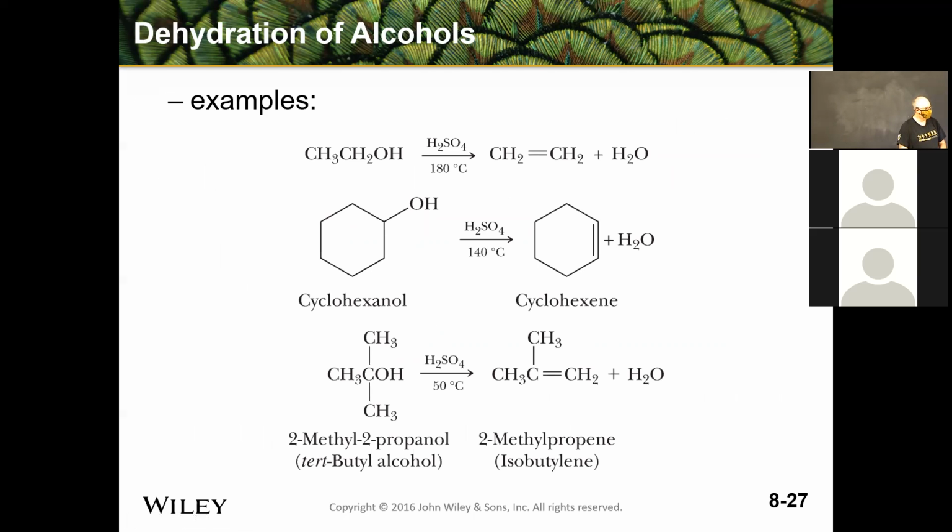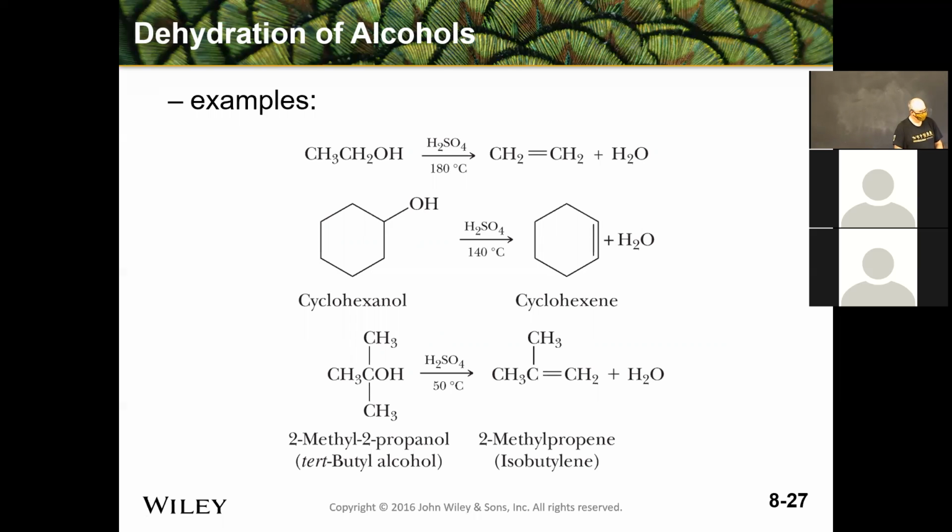The first reaction shown here is an important industrial process, conversion of ethanol to ethene or ethylene. That takes place at 180 degrees Celsius. Cyclohexanol is a secondary alcohol.